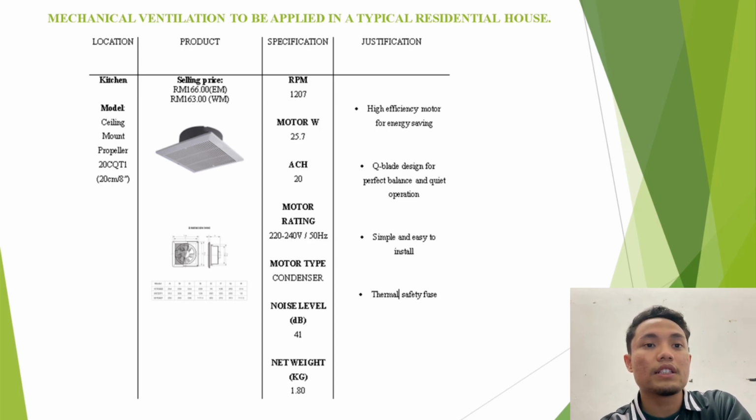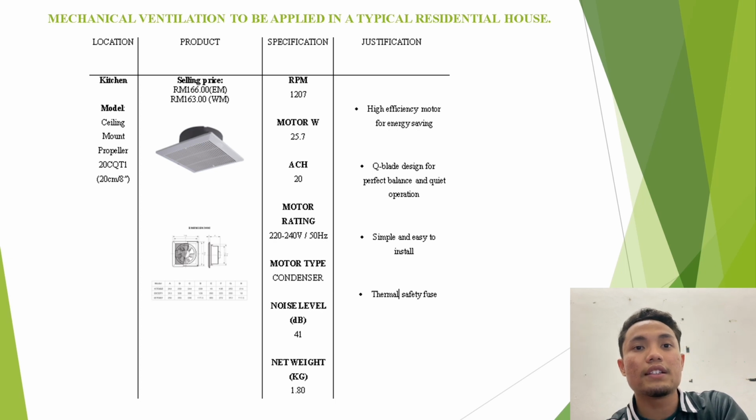Motor type considers noise level 41. The justification is that we get a high efficiency motor for energy saving, and a Q blade design for balanced and quiet operation, simple and easy to install. It is thermally safe and safe to use.